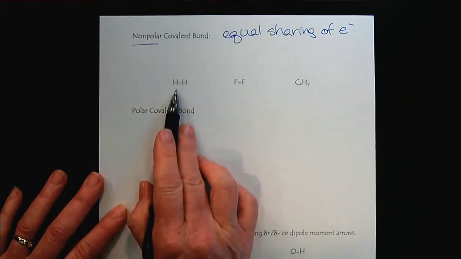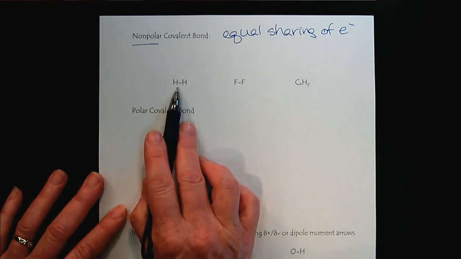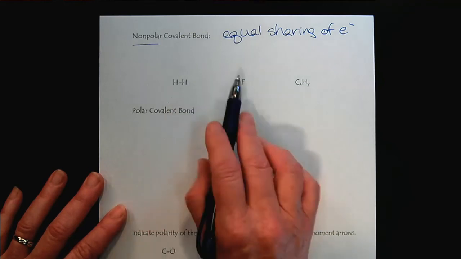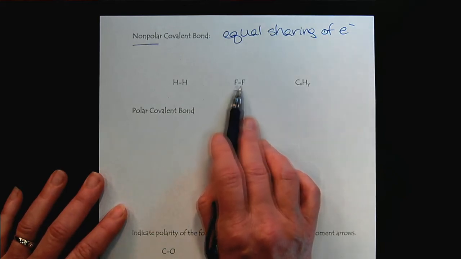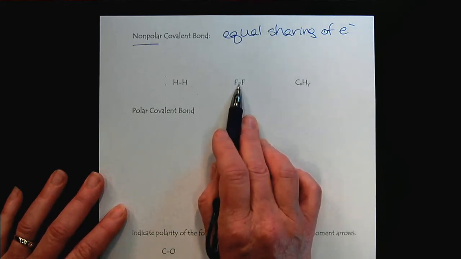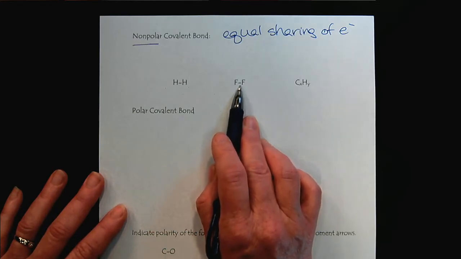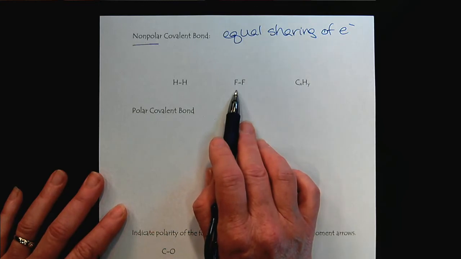So this is going to be elements where we have identical elements, like 2 hydrogen atoms. Or even fluorine. Even though fluorine's the greediest of all of the elements, the most electronegative, if we have 2 fluorine atoms in a tug-of-war for those shared electrons, they're going to pull with equal force. So there are no poles created.